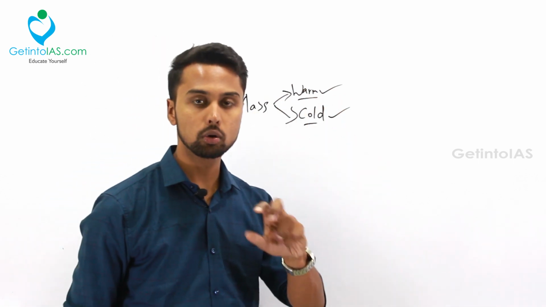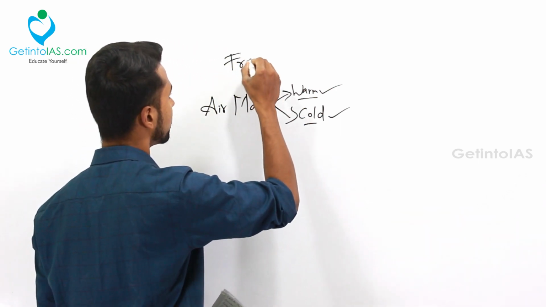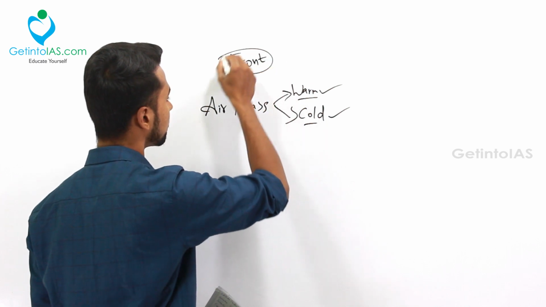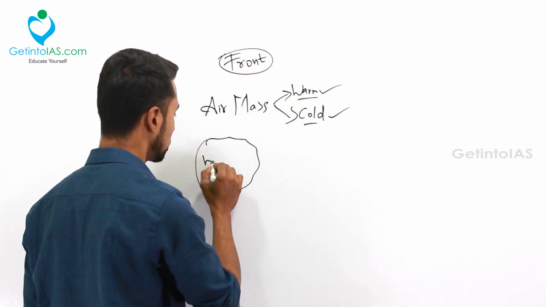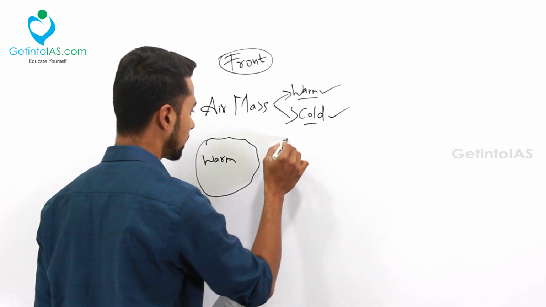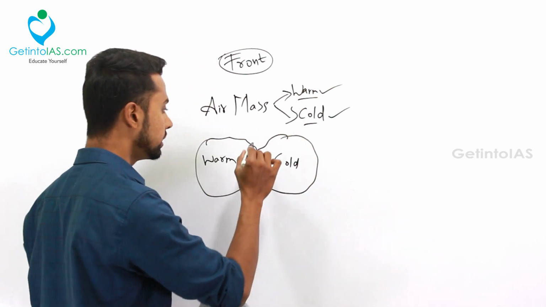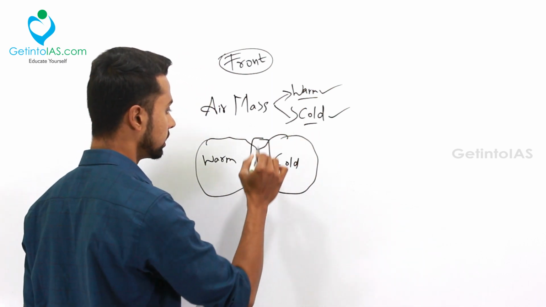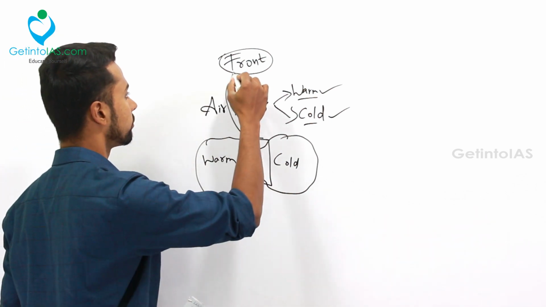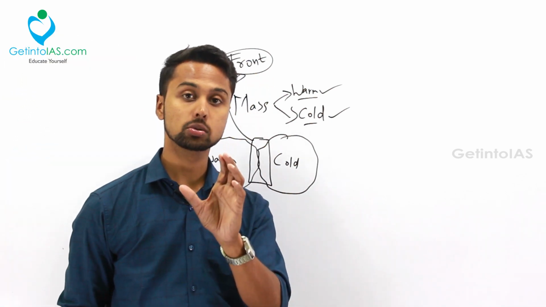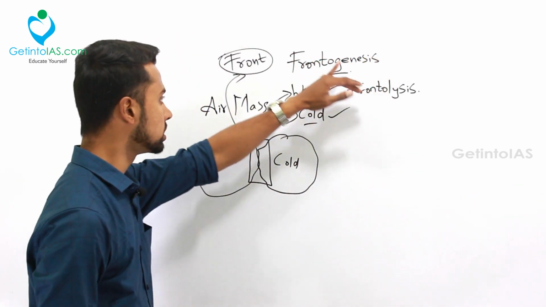Now with this background, we will study what is a front. We have studied warm and cold air mass. So let us assume that this is a warm air mass and this is a cold air mass. This boundary of a warm air mass and a cold air mass is known as the front. You could have studied another term known as frontogenesis.